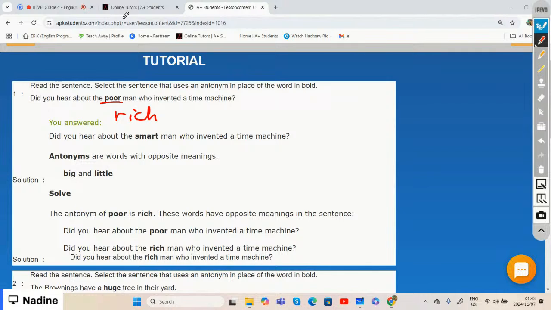So we need to find the word in bold and replace it with the antonym of that word.